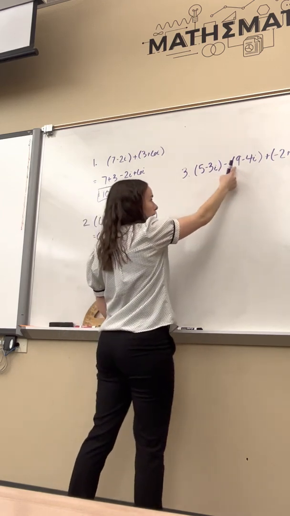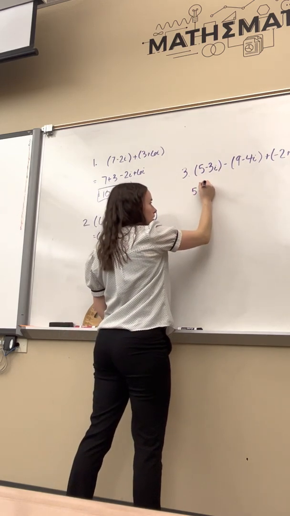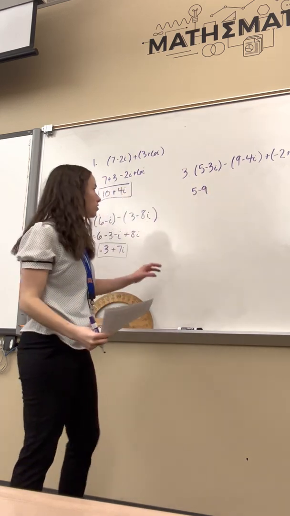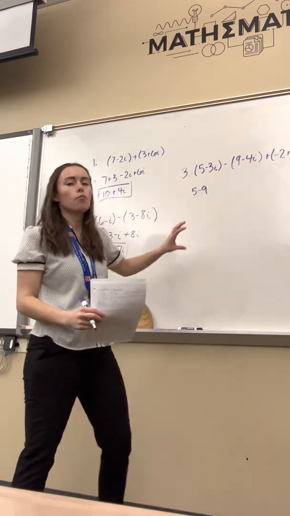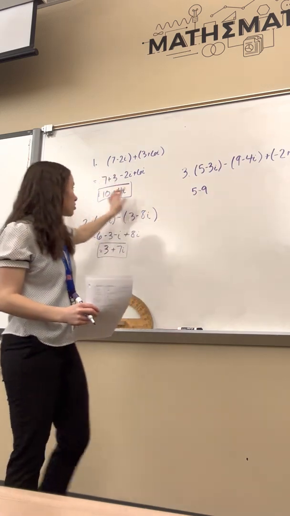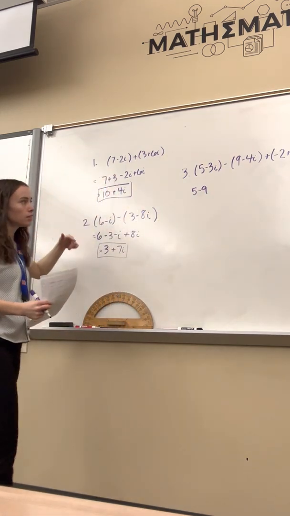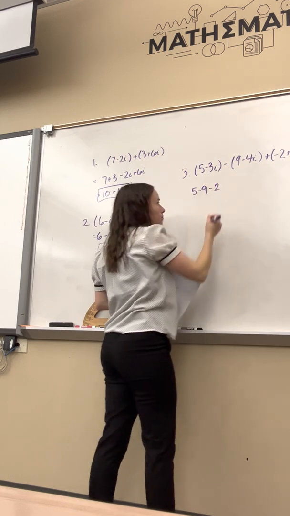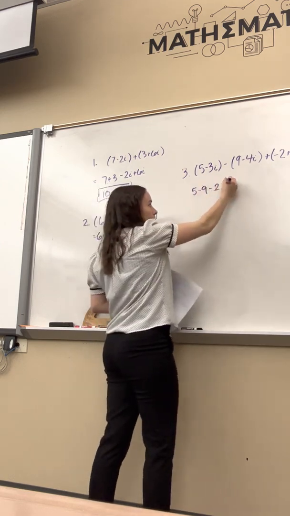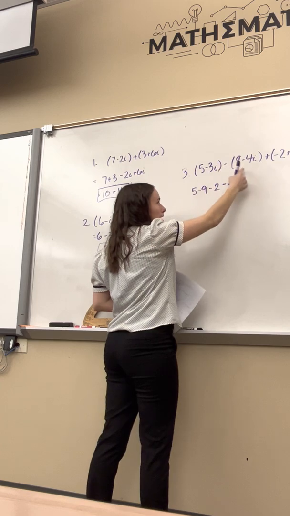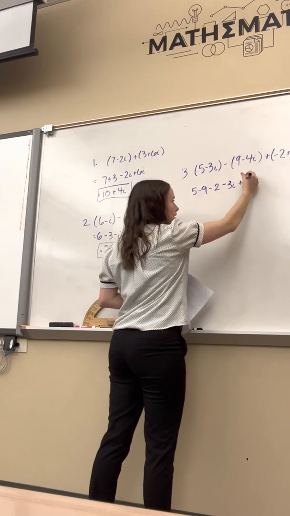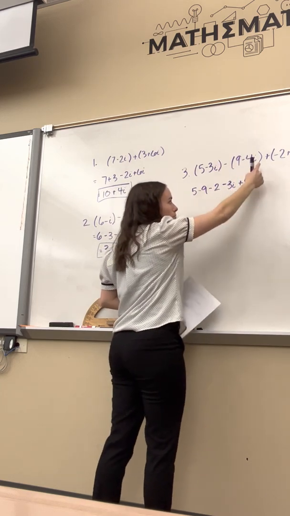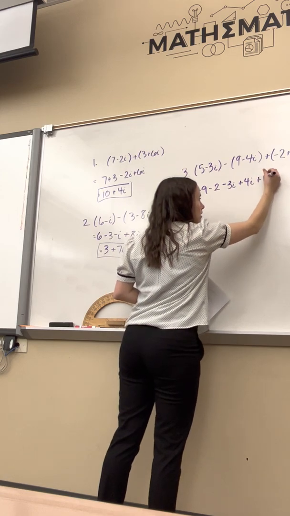So we have 5 minus 9. And I'm also trying to rewrite it so that I have all my whole numbers next to each other and all my imaginary next to each other, which is what I was doing in these examples. And then I have a plus a negative 2, so minus 2. I have a negative 3i minus a negative 4i, so we add 4i. And then plus a positive 11i.